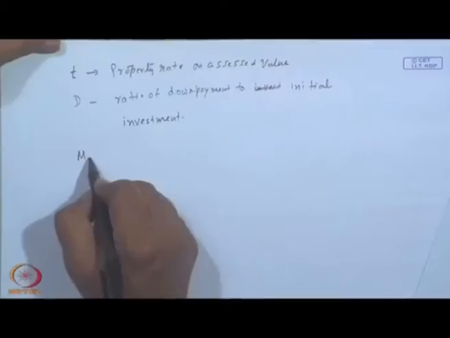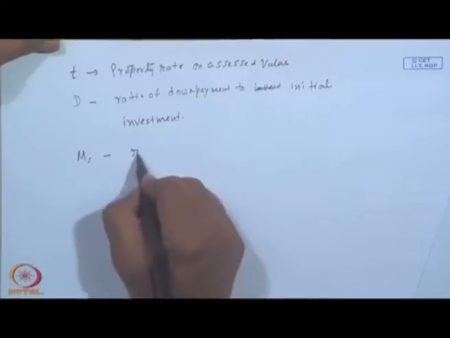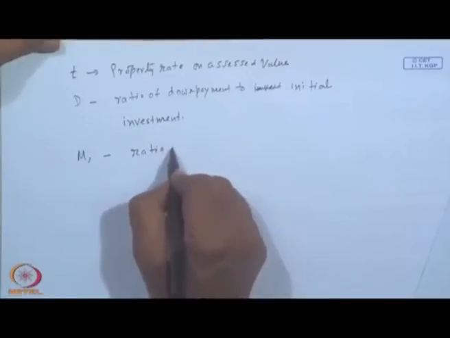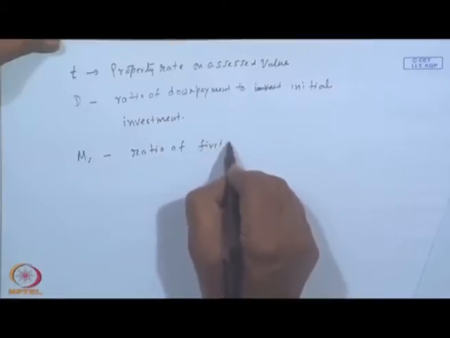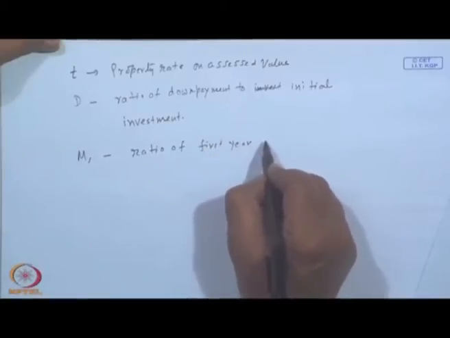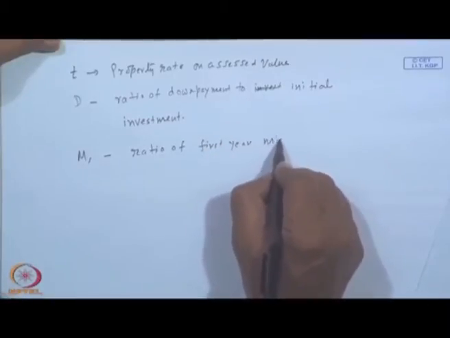And MS is the ratio of first year miscellaneous costs.